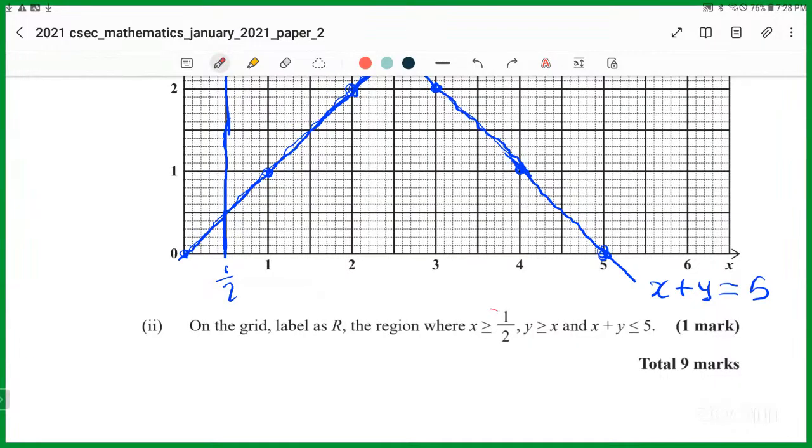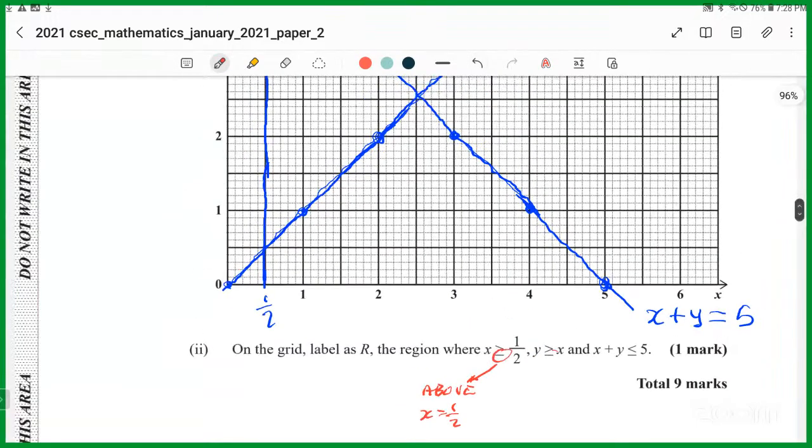So this one is x greater than half, so this one is going to be above. See? Greater than means above. Above the line x equals half. That's what this inequality is. And it's a solid line. All the lines are solid. See? The equal is on all of them. So all the lines are solid as drawn.